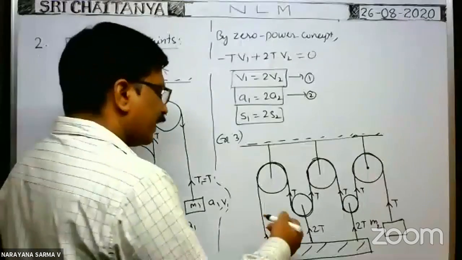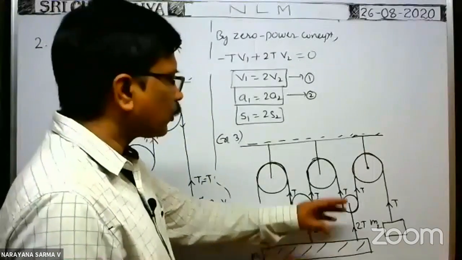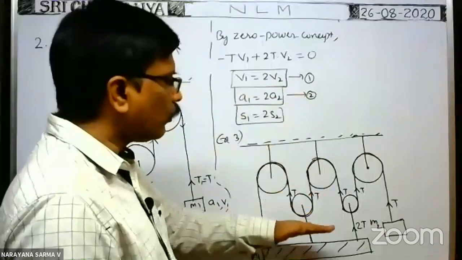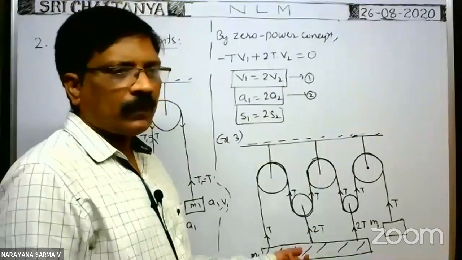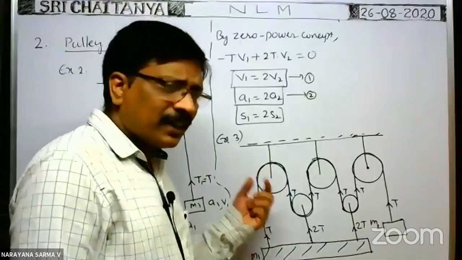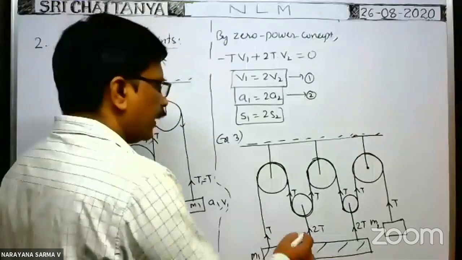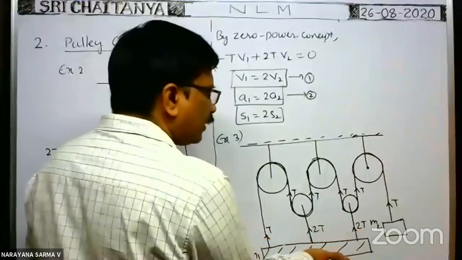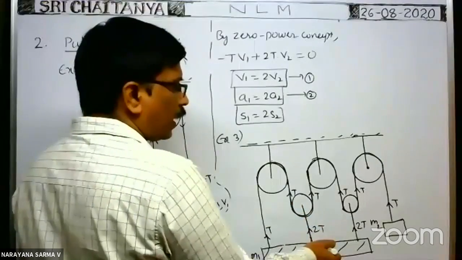Now at any instant, the motion of this plank is controlled by what total tension? And the motion of this block? Total tension on the plank: 5T, very good. Because 2T, 2T, 2T, all these are in upward direction. That's why 5T tension moves the plank upward.